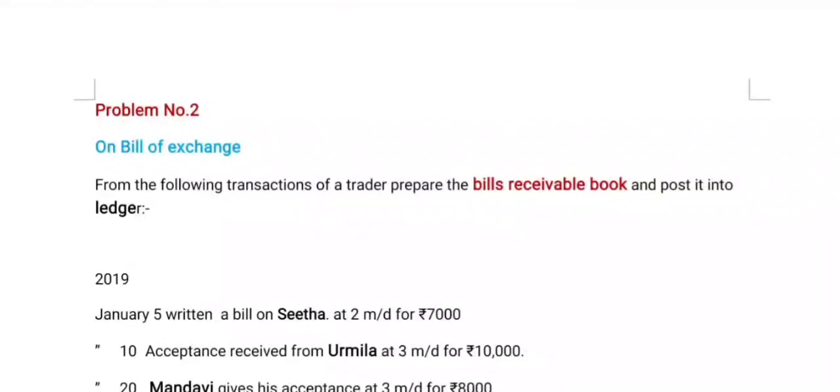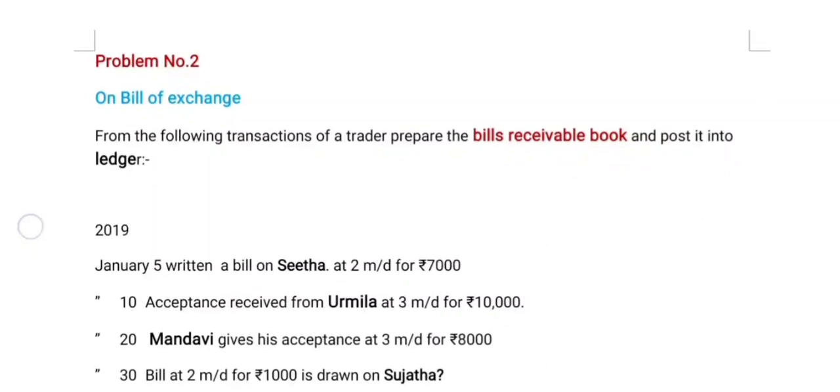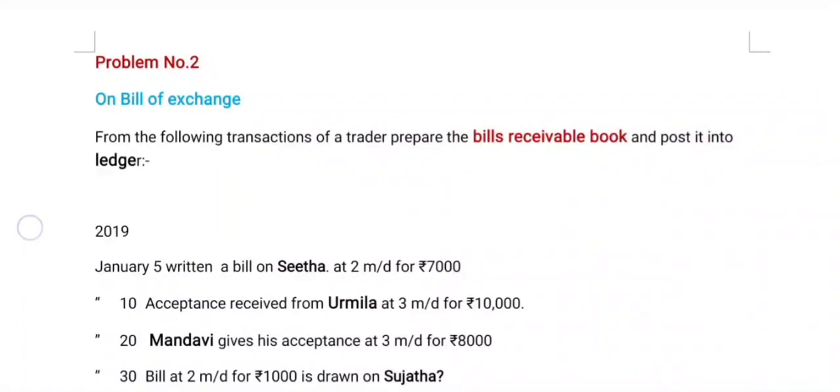On bill of exchange, from the following transactions of a trader, prepare the bills receivable book and post into the ledger. Now coming to here, it is 2019 Jan 5, written a bill on Sita at 2 months for rupees 7,000. Now coming to January 10, accept received from Urmila at 3 months for 10,000 rupees.